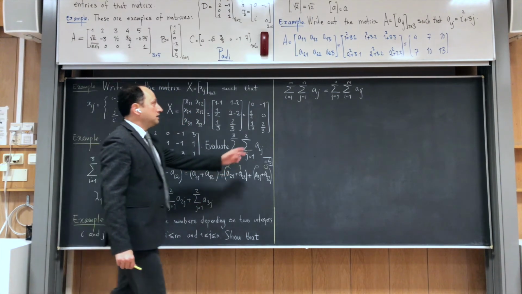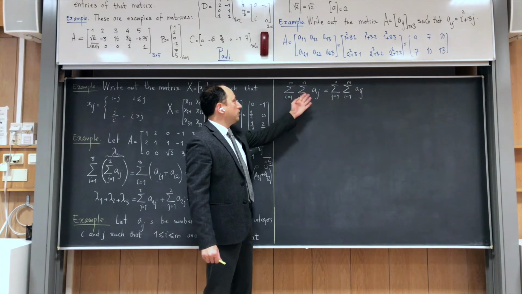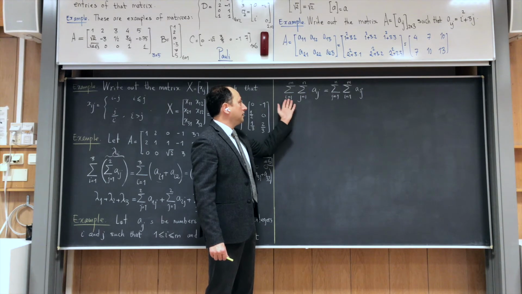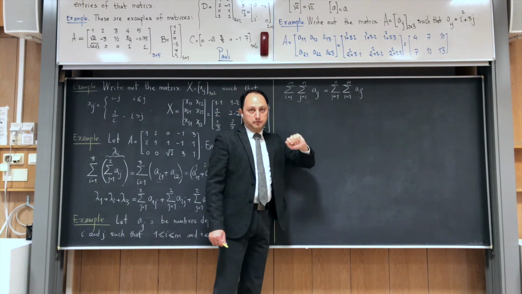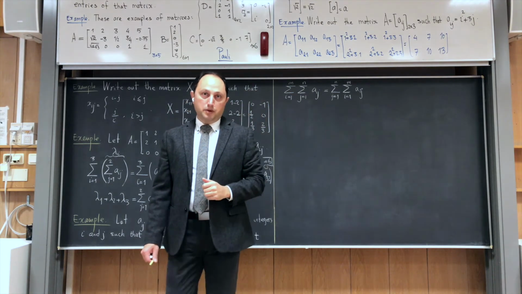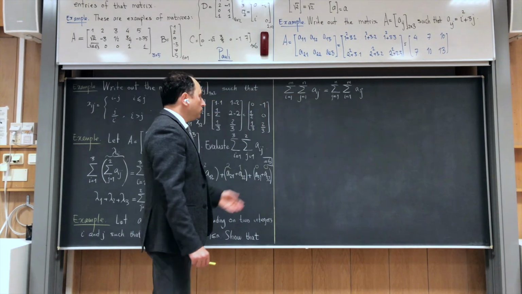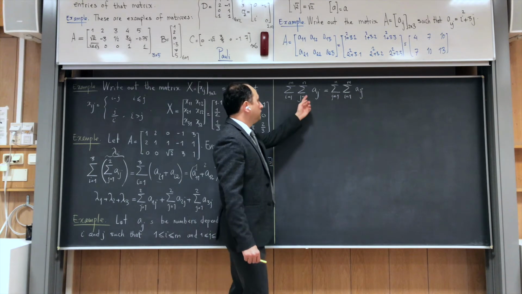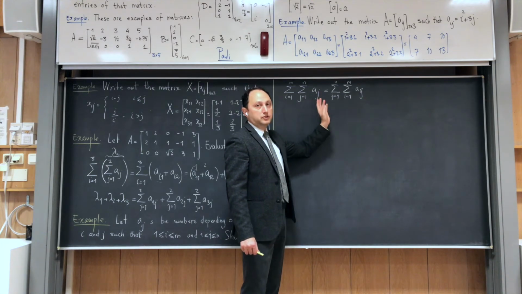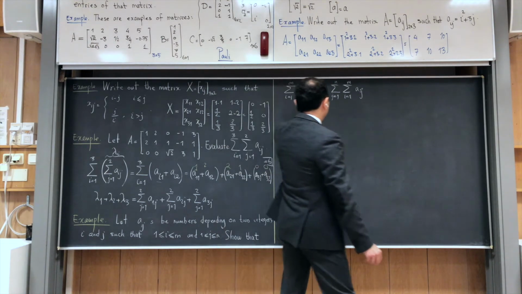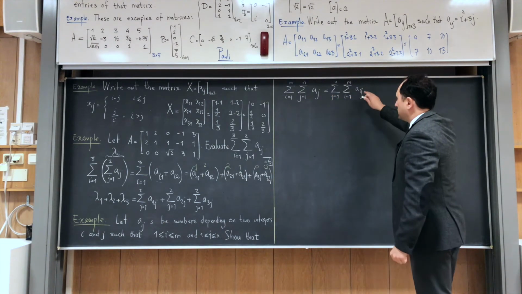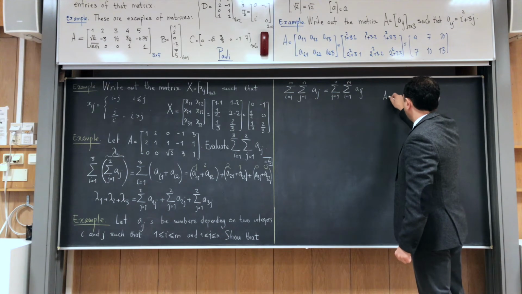So what does it mean? It means that if I have a double sum, one summed over a counter i, the other summed over another counter j, I can just replace them. Yes, I can interchange these two summations. One way to look at this problem is to arrange these numbers with two indices in a matrix. So it's clear that I can arrange these numbers into a rectangular array.